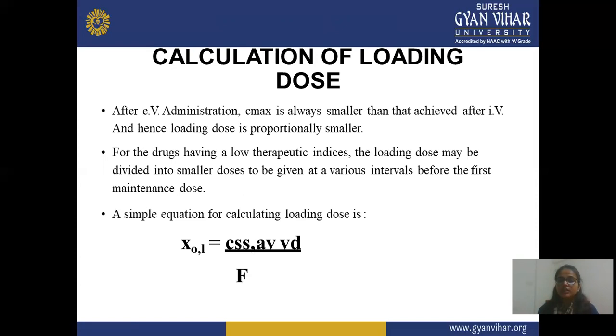This effect is mainly compared with the intravenous route. Hence, this loading dose is always smaller than the loading dose for a drug taken by the IV route.